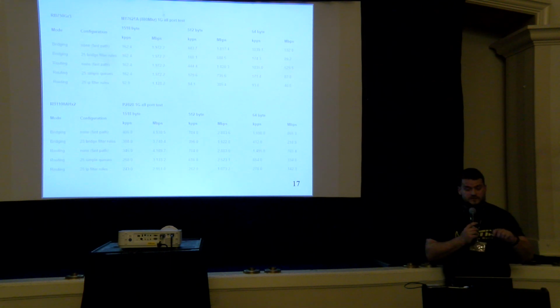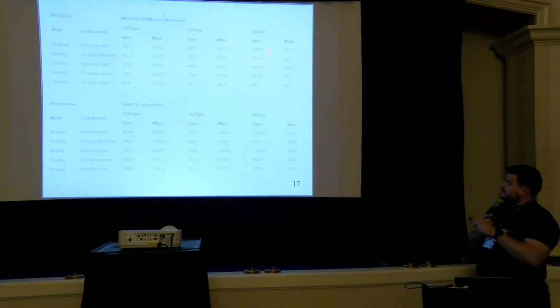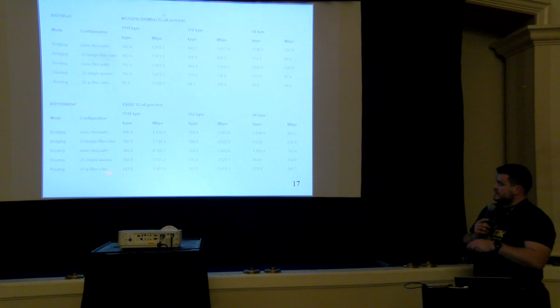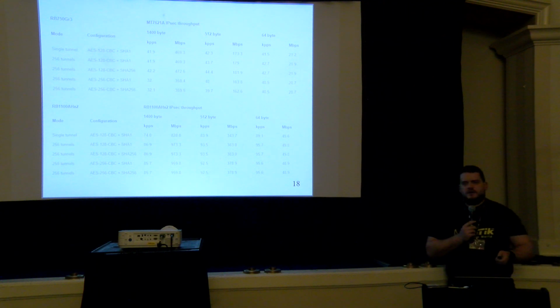So if you take a look at the performance, you will be able to see that with small packets, it's 1.5 times faster. With large packets, even 3 times faster. If we take a look at encryption, yeah, you can get 500 versus 800, and with small packets and encryption, more than 2 times better hardware encryption acceleration on 1100 X2.